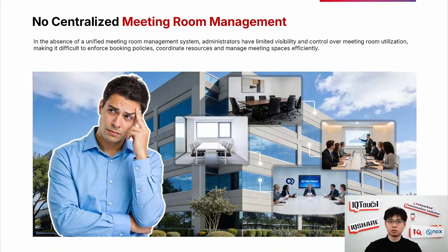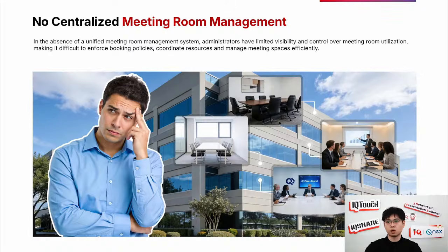The third challenge mainly affects enterprise administrators. Without a centralized platform, administrators have limited visibility into how meeting rooms are being used across the organization. It becomes difficult to coordinate resources and manage different types of meeting spaces. For example, administrators may want to set certain policies for specific meeting rooms.